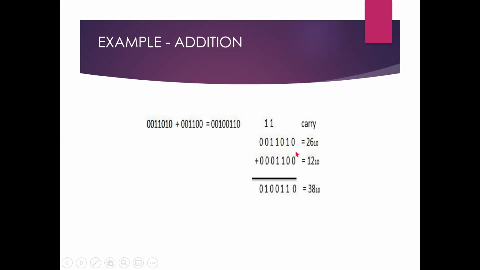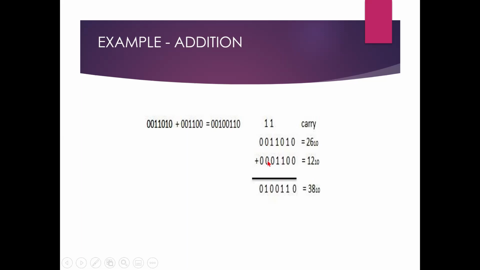Now let's see how the addition can be done. 0 plus 0, 0. 1 plus 0, 1. 0 plus 1 also 1. Next 1 plus 1 is 2, that means 1, 0. 0 here, 1 is carried over. This one plus 1, 1 plus 1, 2. That means 1, 0, 0, and 1 carried over.